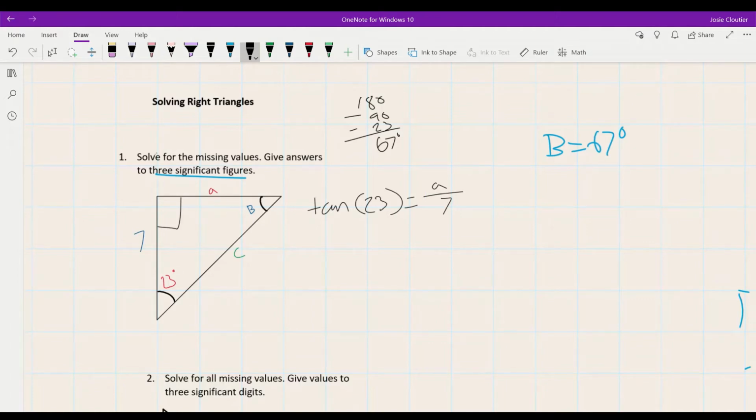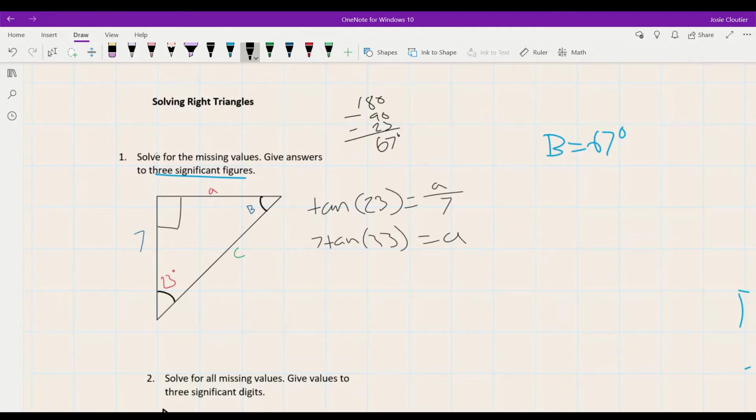Because that's our opposite and our adjacent. So then we multiply both sides by 7, so that we're solving for A. We get 7 times tangent of 23 is equal to A.